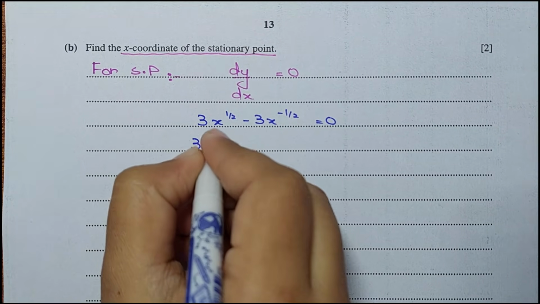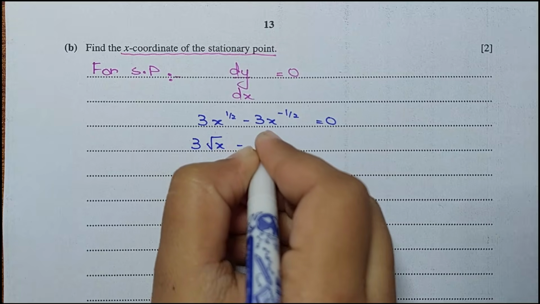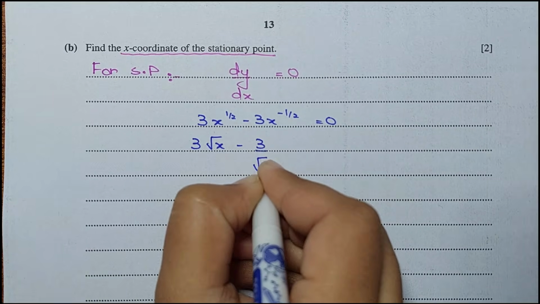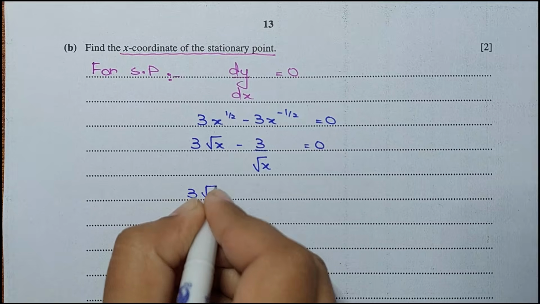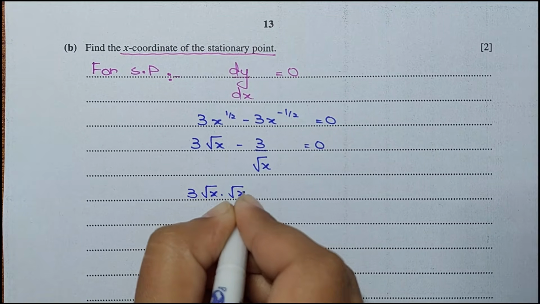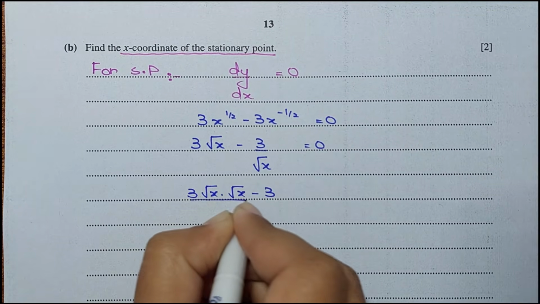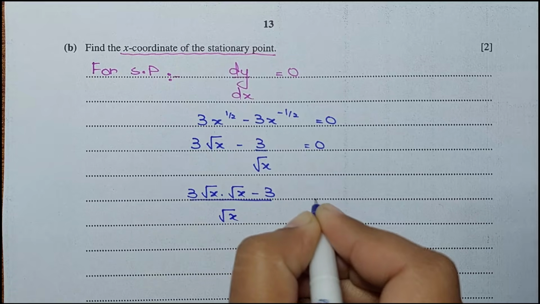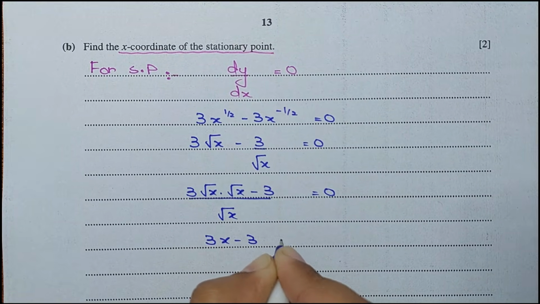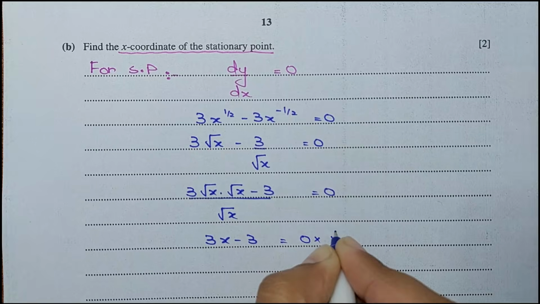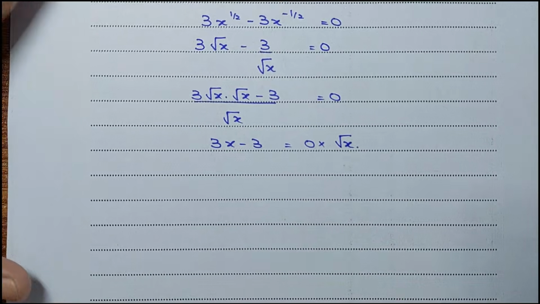Now this is 3 root x minus 3 over root x equals 0. Take an LCM: 3 root x into root x minus 3 divided by square root of x equals 0. This is 3x minus 3 equals 0 times root x, cross multiplied, right?